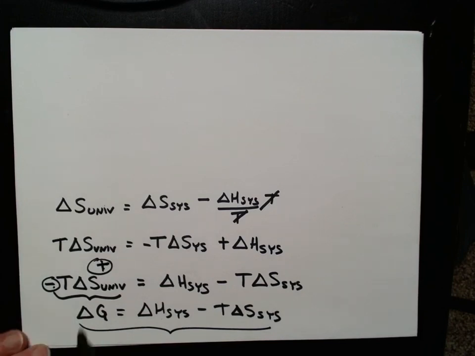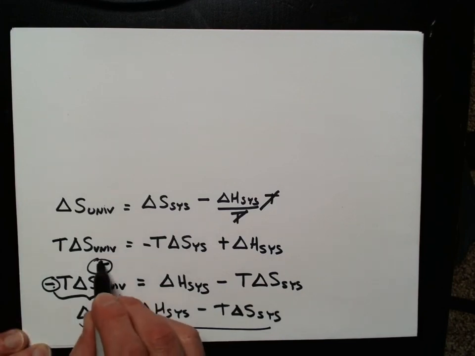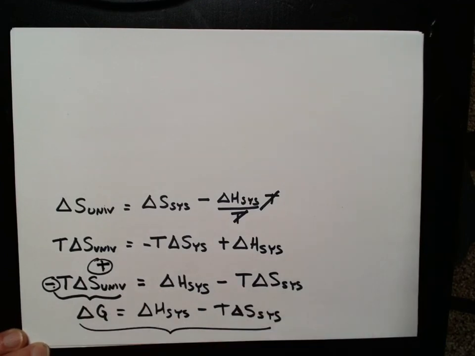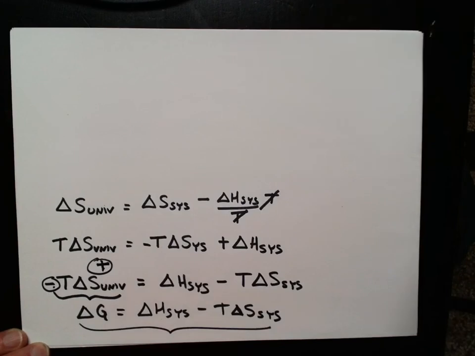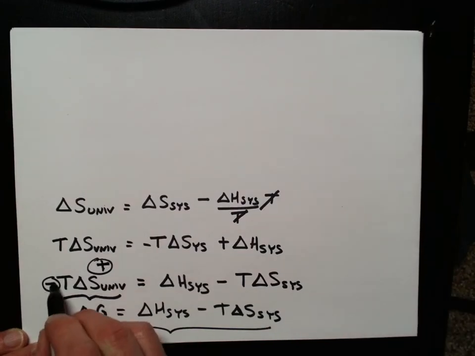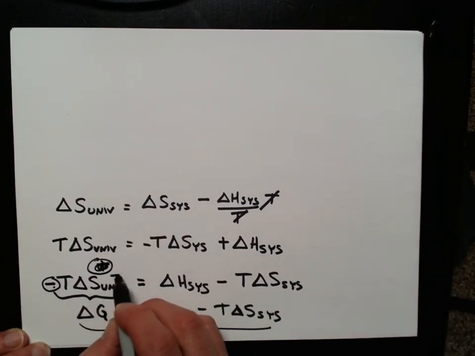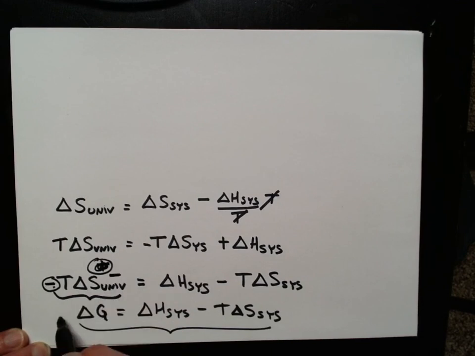On the other hand, if the entropy of the universe ends up going down, which the second law tells us cannot happen, then both this negative sign and delta S of the universe end up being negative. So overall, your delta G is positive, and in that case, it is going to be a non-spontaneous process.